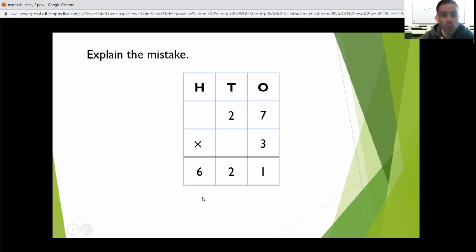Looks to me like they might have rushed it a little bit. They might have decided, oh, I'll just put it in this row. It's in the hundreds column as well, so that's not right. So they've rushed through, not checked, and instead of getting 81, they've put 621. Ugh. But hopefully we've managed to sort it out for them.